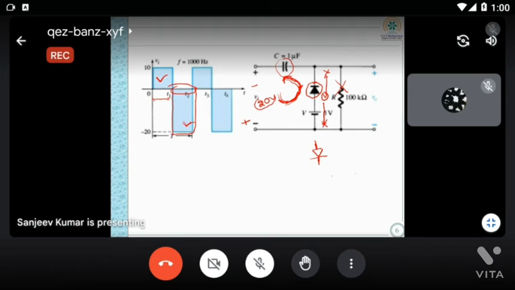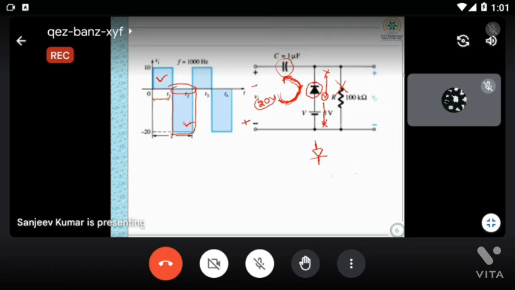That's why however much input you are giving should flow through the capacitor, and the capacitor should charge up to its peak level.